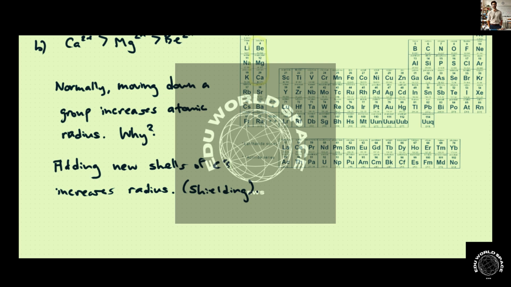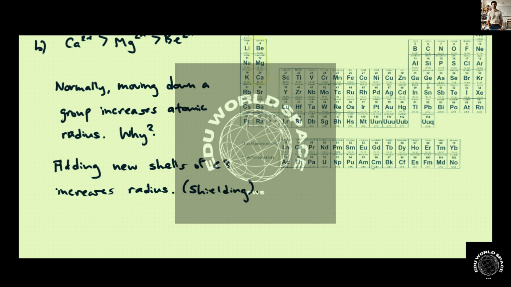What shielding is essentially, when you have these shells of electrons, the inner electrons decrease the effective nuclear charge on the outer electrons. Meaning that if you imagine this positive charge from the nucleus trying to pull in all these electrons, if you have a layer of electrons close to the nucleus, and another layer of electrons further from the nucleus, those inner electrons are going to cancel out some of that attractive force from the nucleus on the outer electrons.